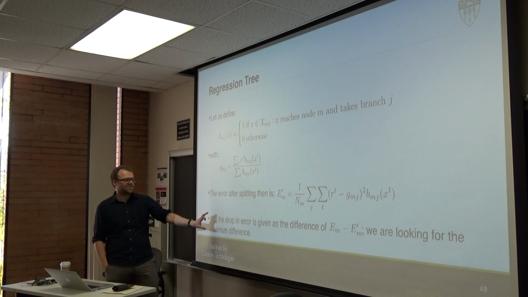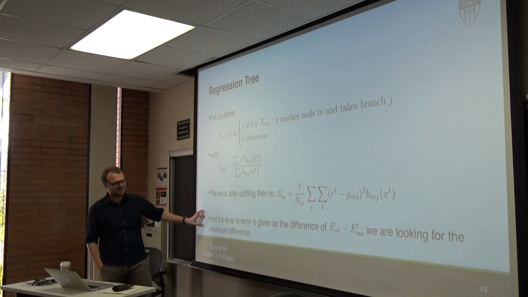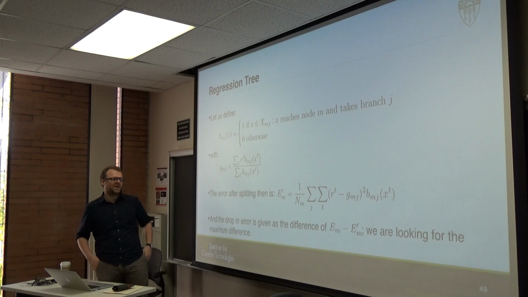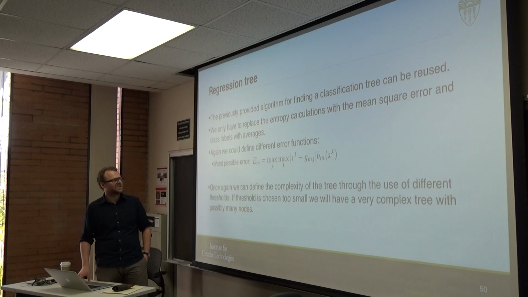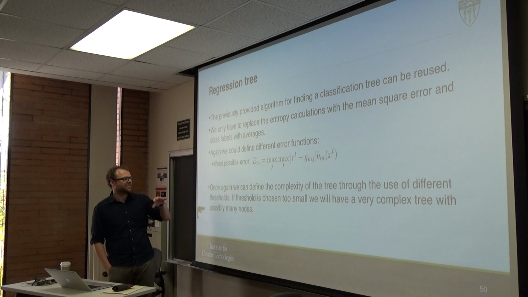We want to find the one split that maximizes the difference, so that we have a smaller error in the next one. That should be fairly similar and straightforward, so we can reuse the previously identified algorithm. We just replace the entropy calculations with this new error metric, which is based on the variance of the items in the tree.